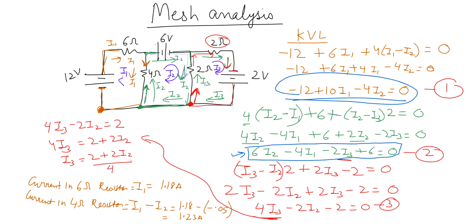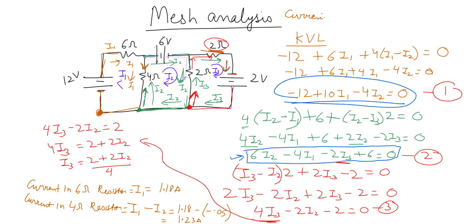Then if you have to find current in this 2 ohm resistor here, so this will be I3. So I3 current we already found. So we found I3 as 0.47. So I can say that current here is 0.47 ampere. And same way, current in this 2 ohm resistor that is in parallel with this 4 ohm resistor.